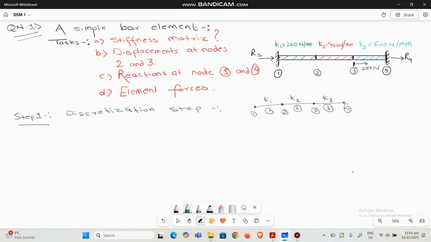So displacement for this first node, let's say it's u1. For the second node it is u2, and this one is u3. We only have horizontal displacement here. This is u4, and this is our global x-axis.